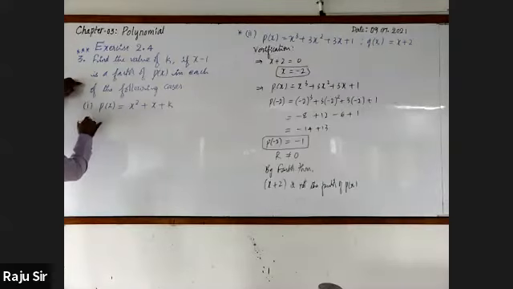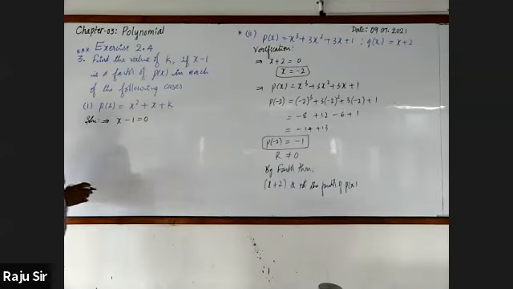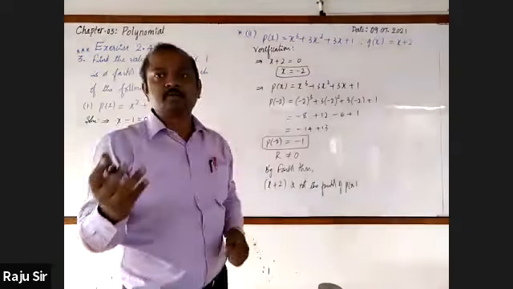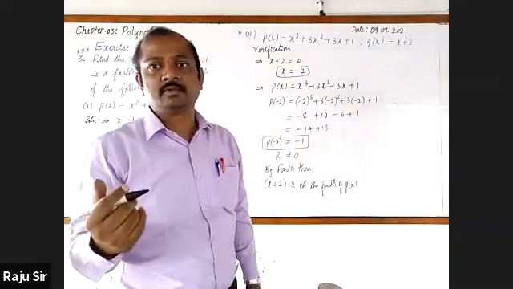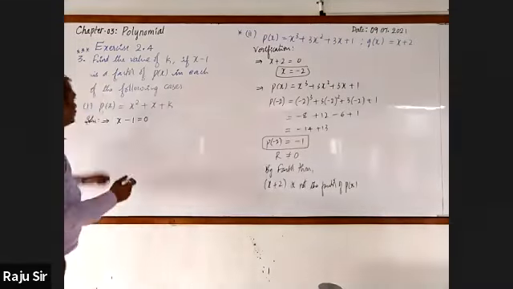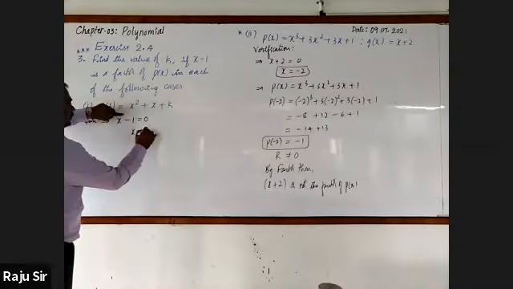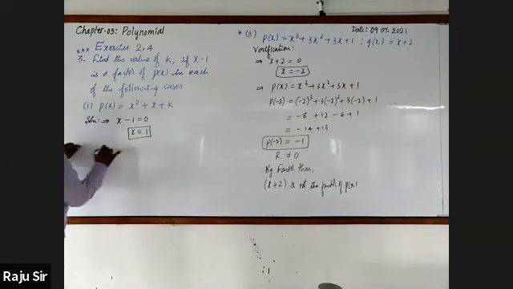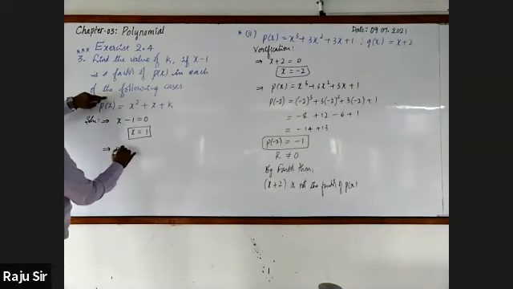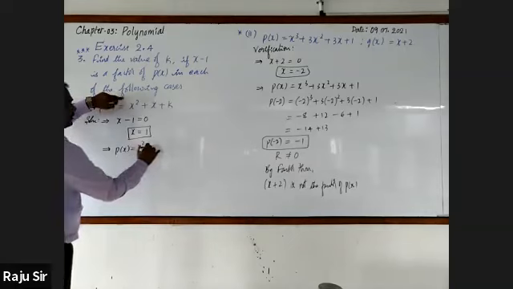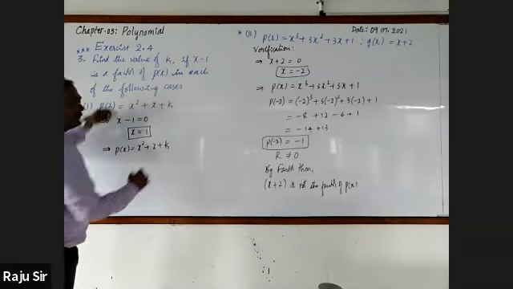The factor is x minus 1 equal to 0, so x equal to 1. Then p of x is equal to x square plus x plus k.